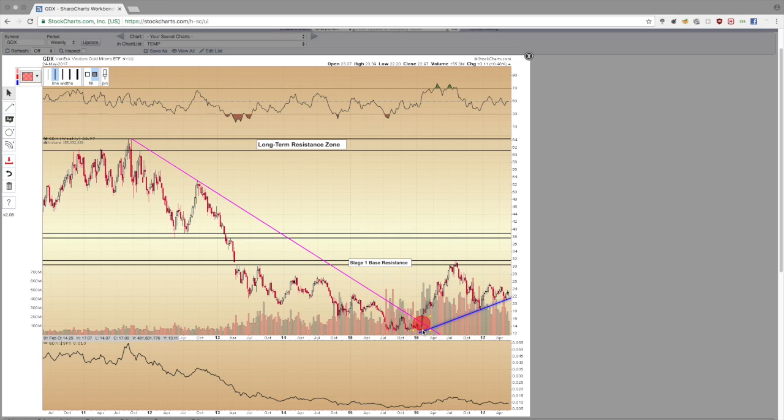Okay, this was in February of 2016. Now, long-term trend line. Notice what happened after this very long-term trend line was broken. You had a 160% rise after a long-term trend line was broken.